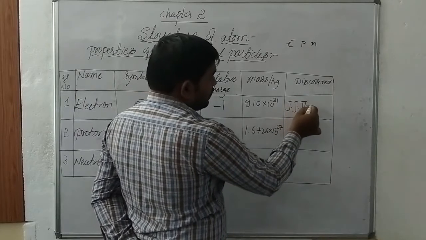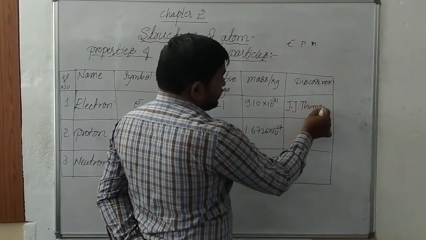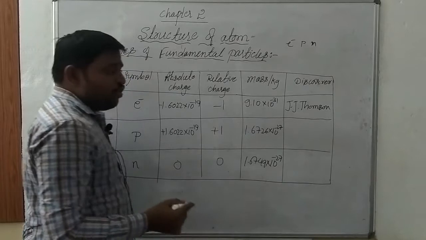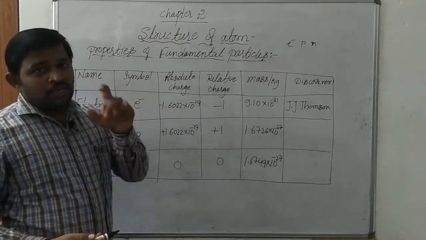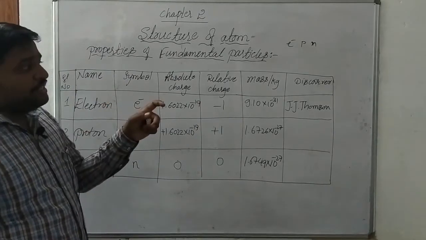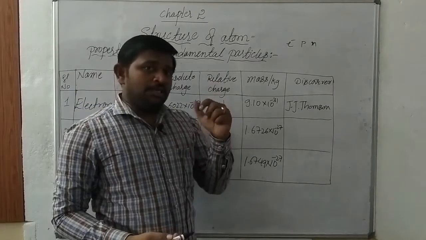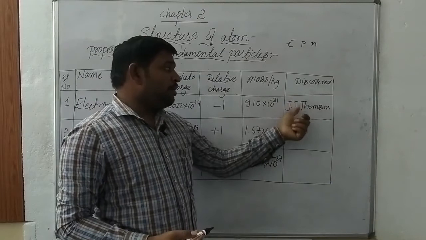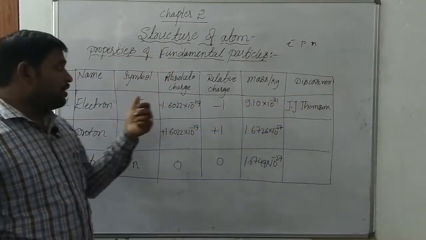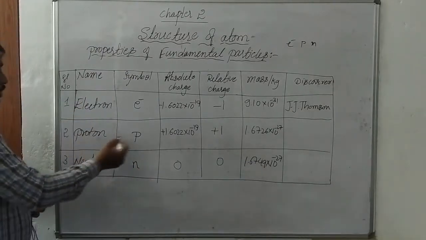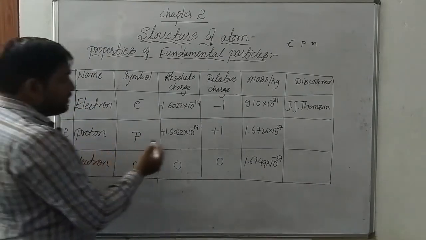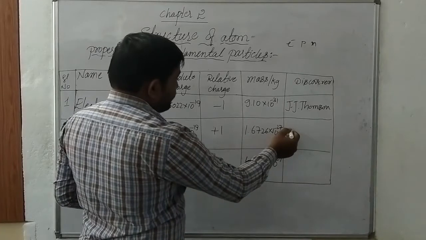He proposed that an atom is circular in shape and consists of a number of electrons inside. The first discoverer of the electron is J.J. Thomson. The second one is the proton. The proton was discovered by Goldstein.